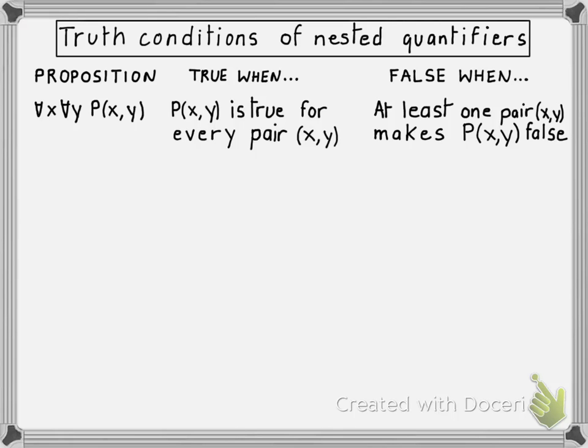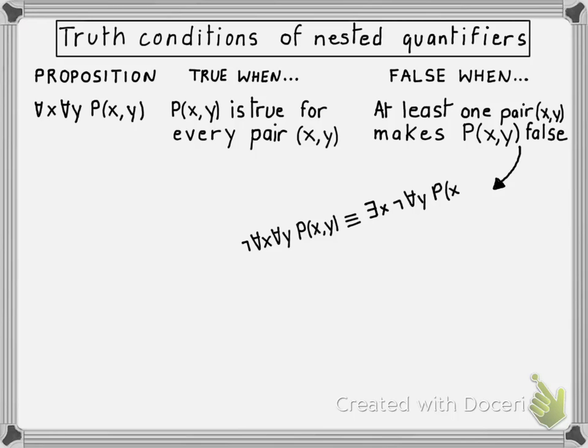Now, instead of coming up with this answer intuitively, another way would have been to consider the negation of this proposition, since this proposition is false when its negation is true. So let's write down the negation of this proposition, and let's transform it by moving the negation across both of the quantifiers and see what happens.